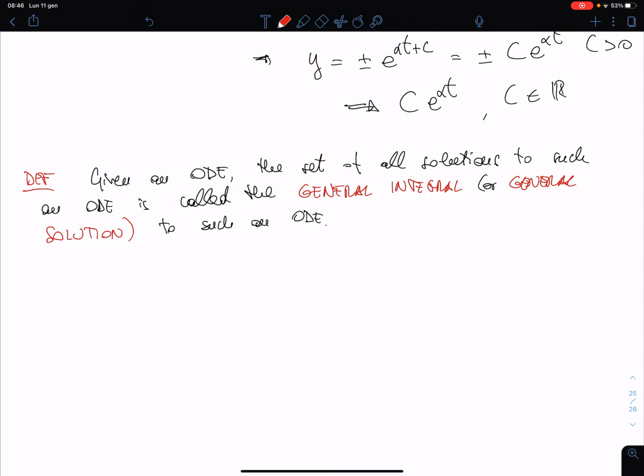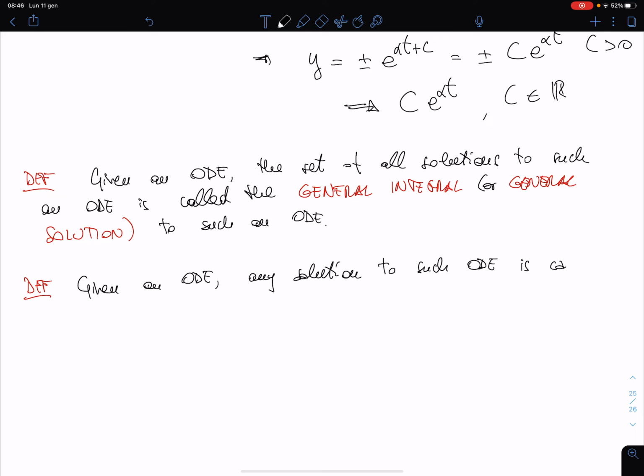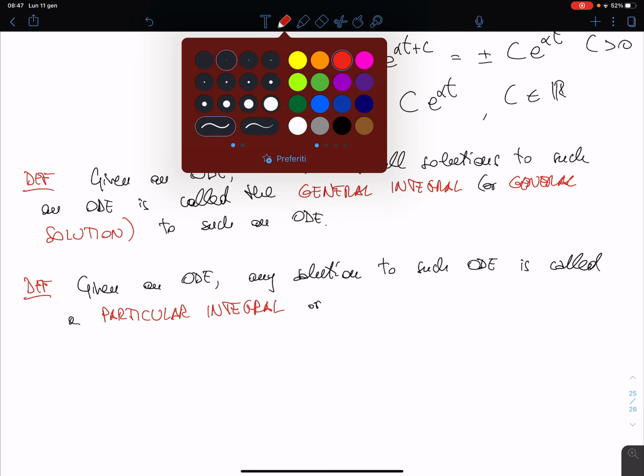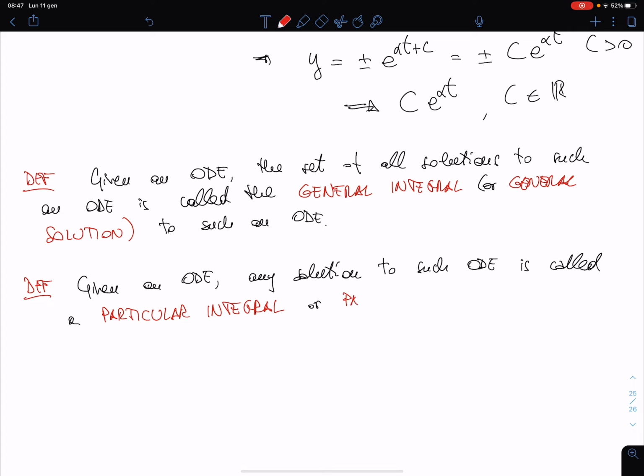Okay, and this is a set. And the other definition: given an ODE, any solution to such ODE is called a particular integral or particular solution.